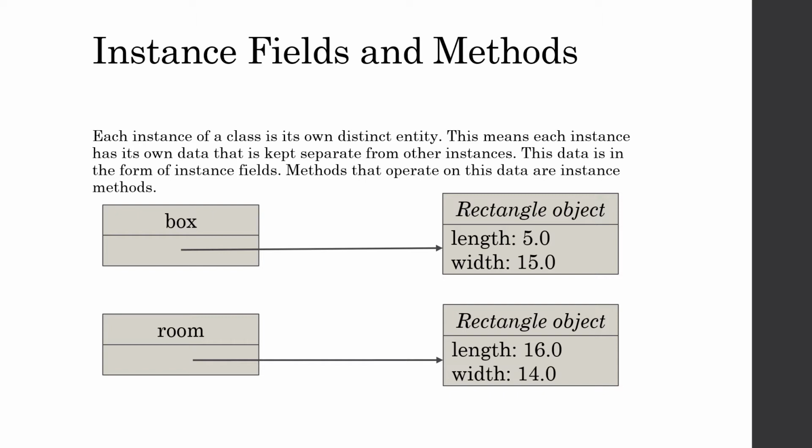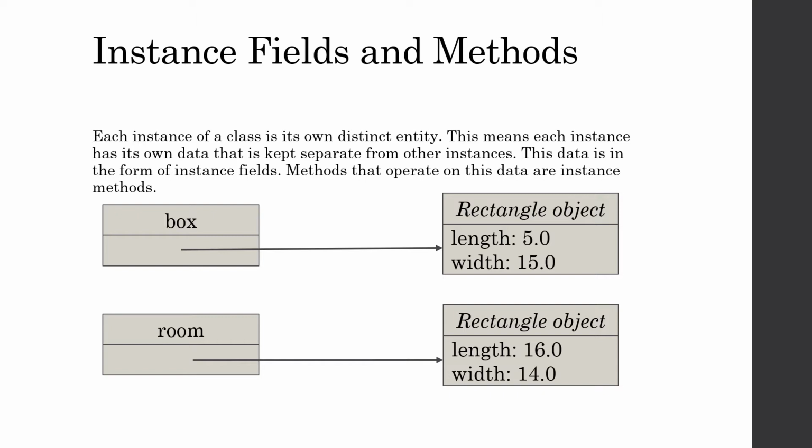This also means that each instance has its own data that is kept separate from those other instances. This data is going to be in the form of what we refer to as instance fields, and then methods that operate on this data are going to be referred to as instance methods. So the length and width that we created for our rectangle class, those are going to be instance fields because each object of the rectangle class will have its own unique, its own distinct length and width.